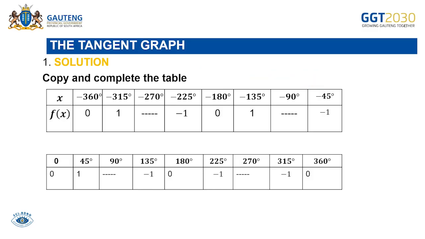They are communicating with you. Right. Having completed your table, this is what I'm expecting. Tan of -360 degrees, I'm expecting a 0. And then -315 is a 1. -270 is undefined. All those broken lines mean is undefined.